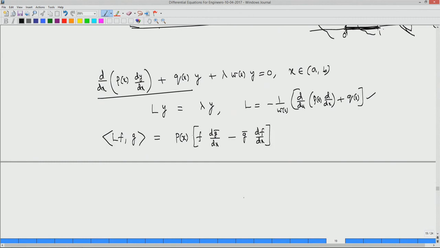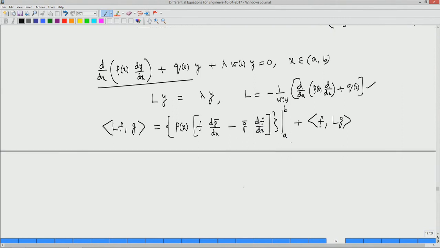This whole thing you take the limit from a to b, plus here you get Lg. So this is what you have seen only from this.